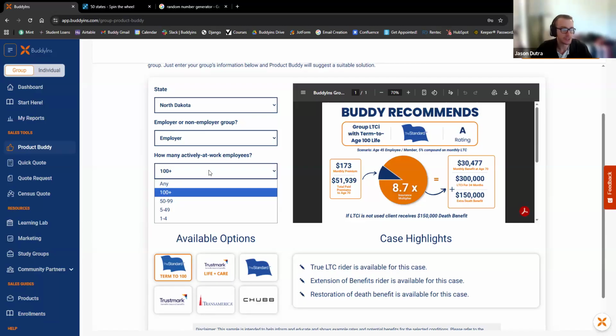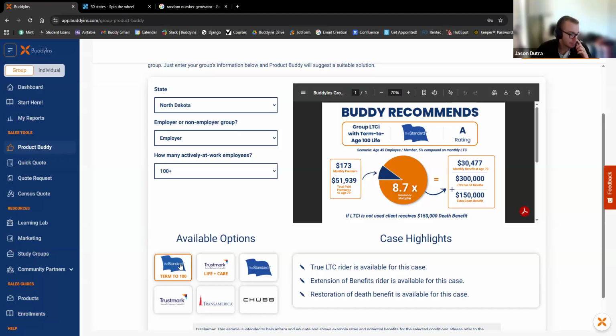So you will see eventually a 100 to 249 size segment and a 250 plus, just so you know what's on the horizon. But number one, this has something to do with the size of the group, but it looks like North Dakota is pretty darn free and clear when it comes to available products, at least with our core carriers.